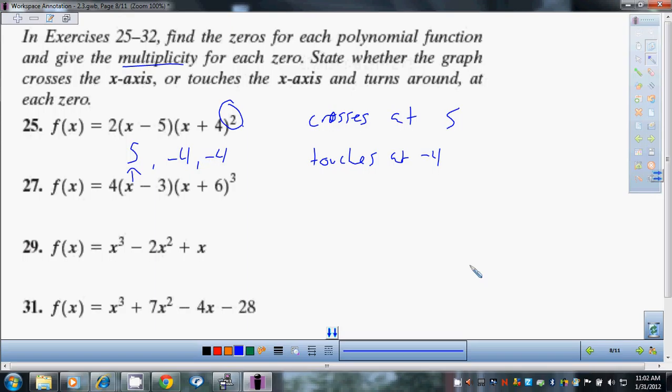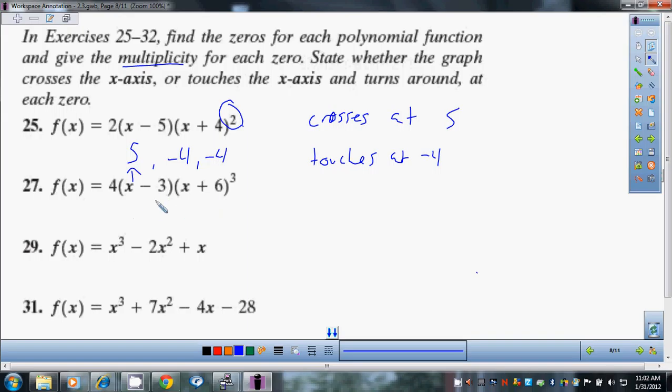Exactly. Any one that happens an even number of times, it just touches. So that's all it asks us for right now, so let's just do that for now.